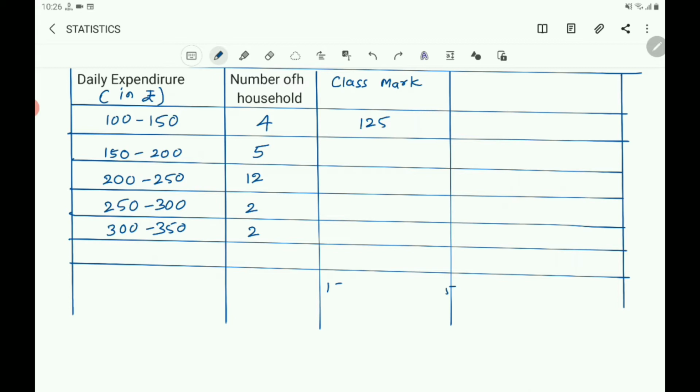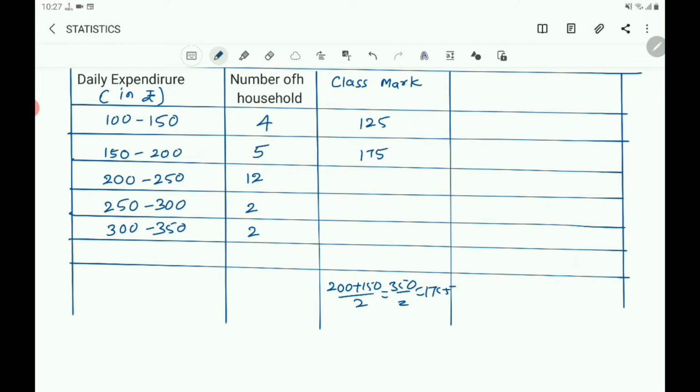You can add 50 to 125 to get the next class mark, that is the class mark of 150 to 200, or otherwise by using the similar method, that is 200 plus 150 by 2, 350 by 2, you will get 175, same as adding 50.